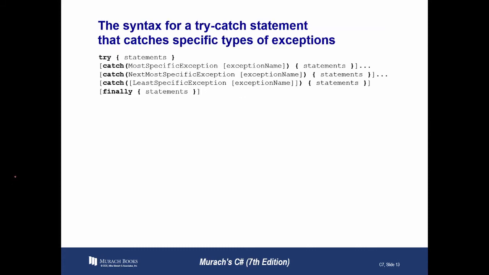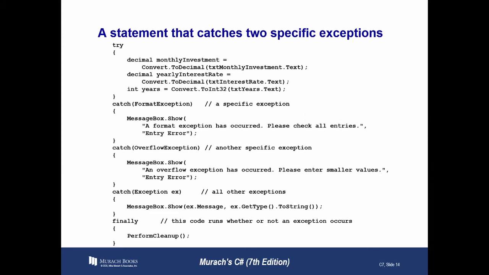Okay, and after that, it gets a lot more complicated. And you can see here, it always starts with our try. Then we go to our catch, and we're looking at sort of three different options here. Most specific exception, next most specific, last specific. And then finally a statement that you can add at the end there. So if we look at this example, we're saying try all of this code up here.